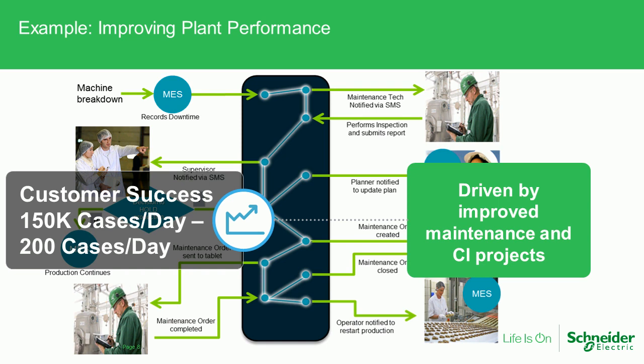As you can see there, they went from 150,000 cases, their best day ever, to consistently being able to produce 200 cases on a regular basis. That's a 30% increase in throughput that they were able to achieve. A great success story, very well documented.